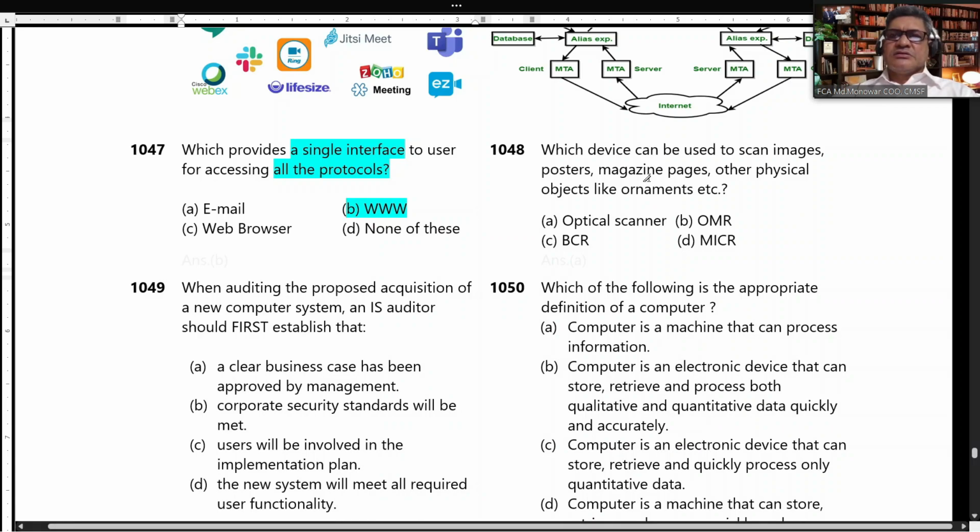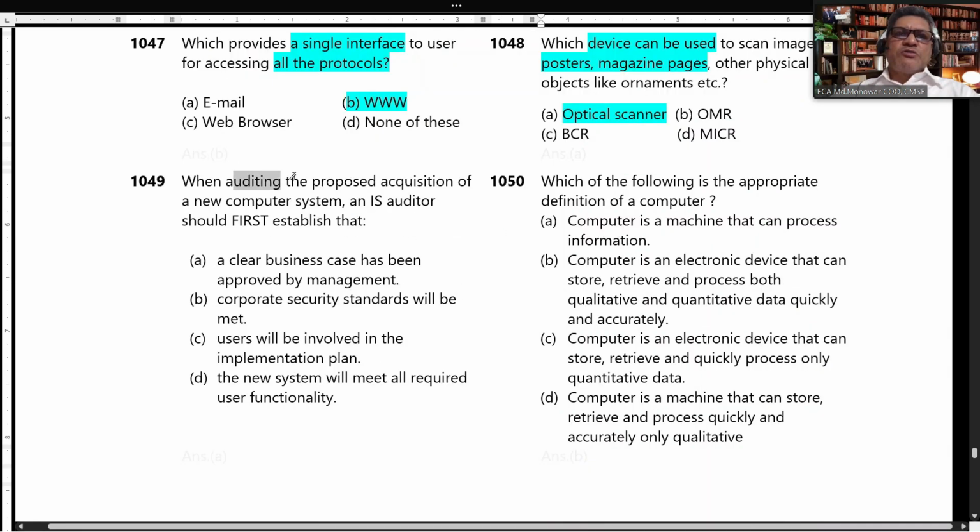Optical scanner. So optical scanner is a device that can be used to scan images, posters, magazine pages, etc. Answer A. When auditing the proposed acquisition of a new computer system, an information system auditor should first establish that a clear business case has been approved by the management.